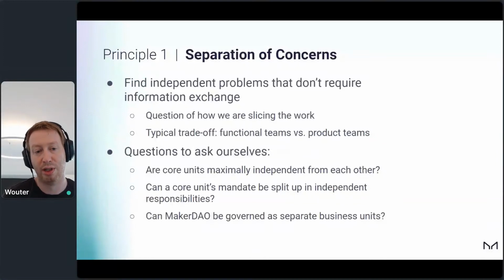And one very typical and well-known trade-off that is always discussed a lot in organizations when they scale up is the difference between functional teams and product teams, because these are basically two ways of structuring the communication or the information transfers that are needed.